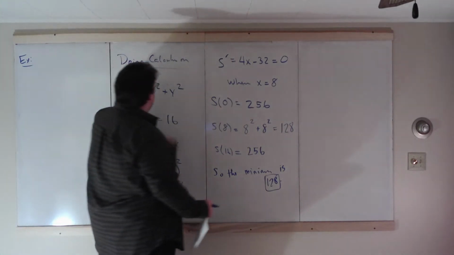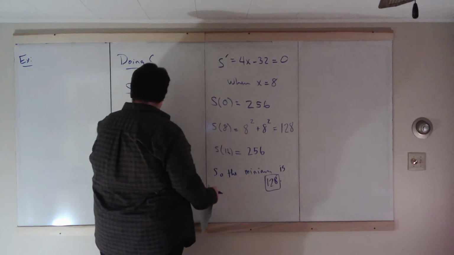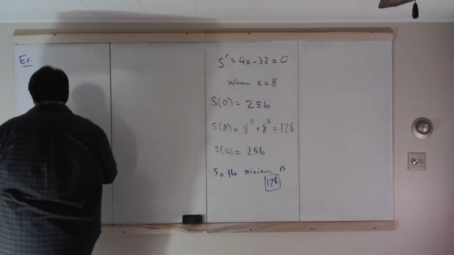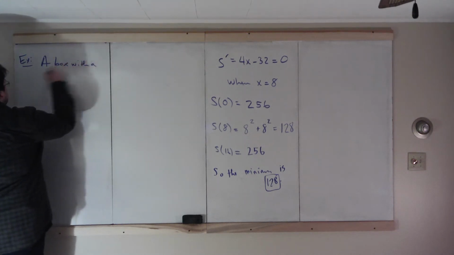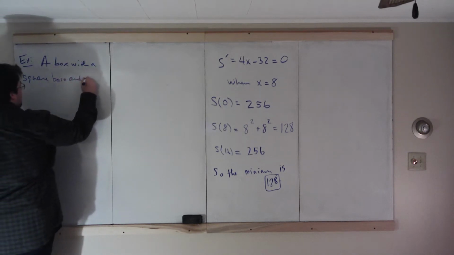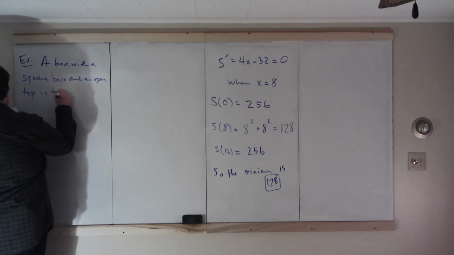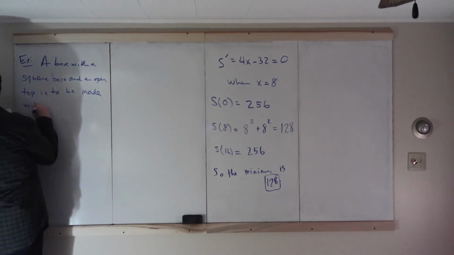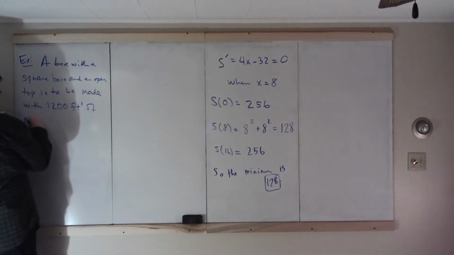So let's look at a few more examples. Let's see, a box with a square base and an open top is to be made with 1,200 square feet of material.